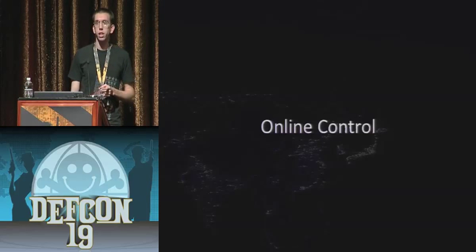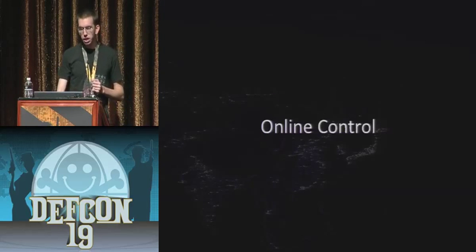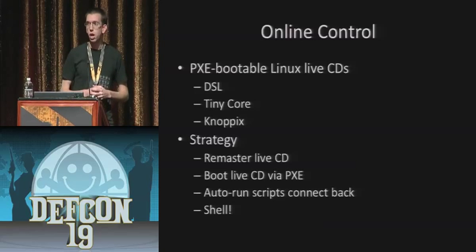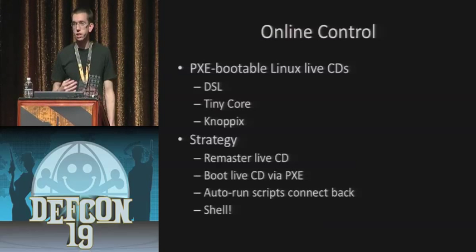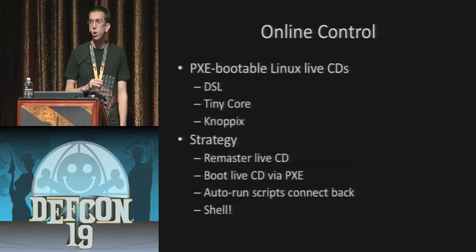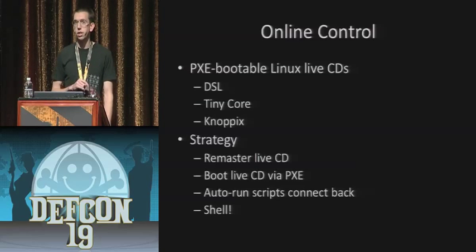However, you can go ahead and use this for online control. So what online control is, we're going to take a PXE bootable system. There are different Linux live CDs which can be PXE booted. DSL, TinyCore, and Knoppix are some of those. DSL and TinyCore are really awesome because they're some of the only Linux distributions I know of that can fit entirely within an initRD.